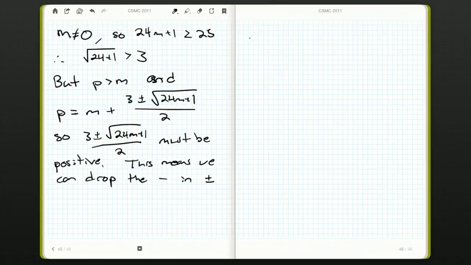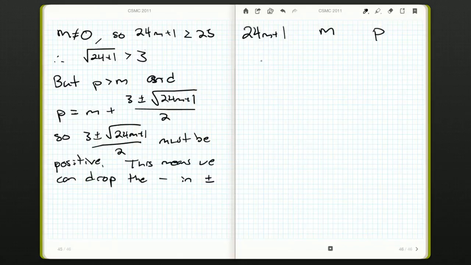With all that said, we could probably make a little bit of a chart. 24m plus 1, m, and I guess p would probably be what we want. So we're looking for odd squares that are not multiples of 3, so we're looking at 5 squared, that's 25. 7 squared equals 49.